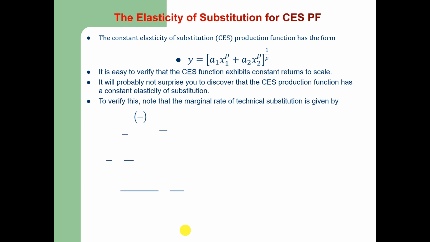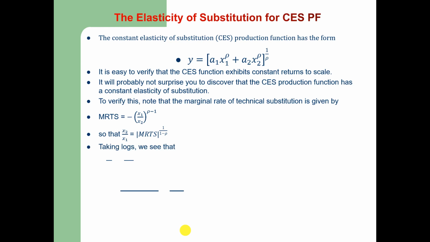To verify this, note that the marginal rate of technical substitution is given by minus (x1 divided by x2) whole raised to the power rho minus 1, so that x2 divided by x1 is equal to MRTS raised to the power 1 divided by 1 minus rho.